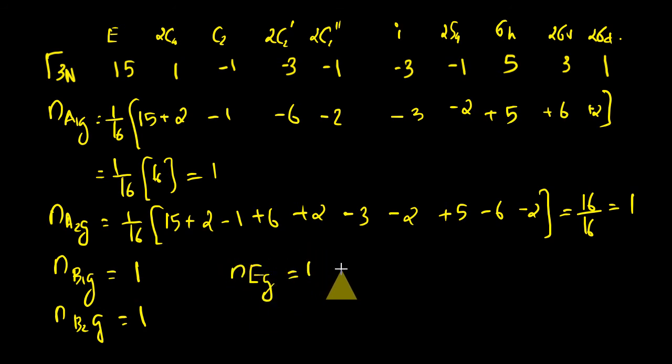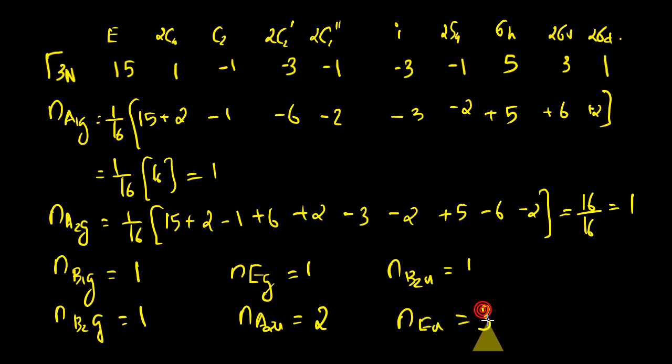Then you will see that n A2u is equal to 2, and then you will find that n B2u is equal to 1, and Eu is equal to 3. You can follow the same procedure for all these.